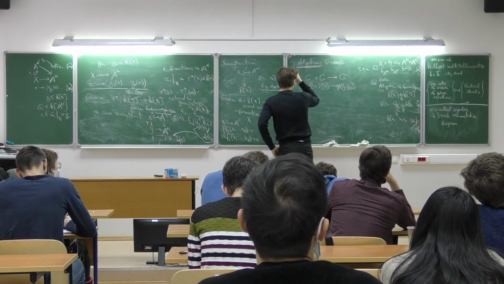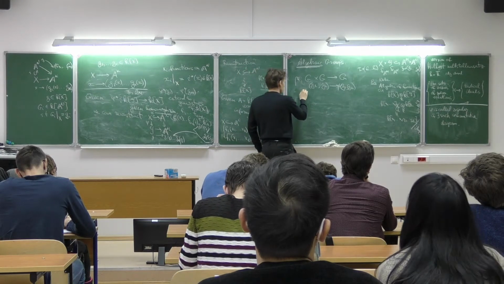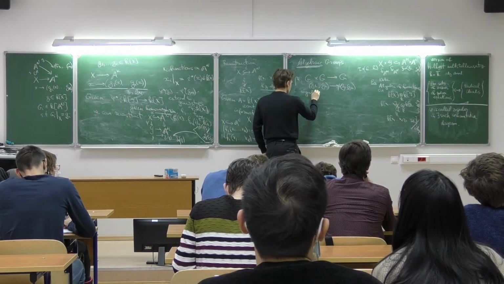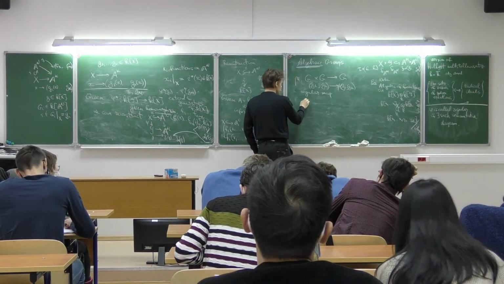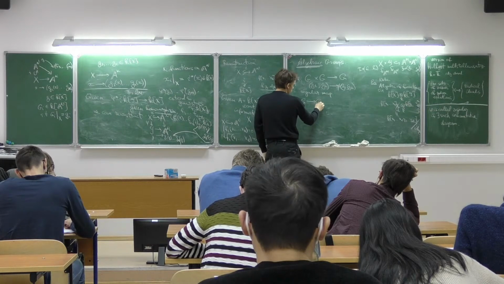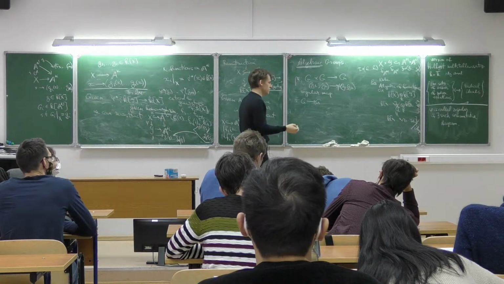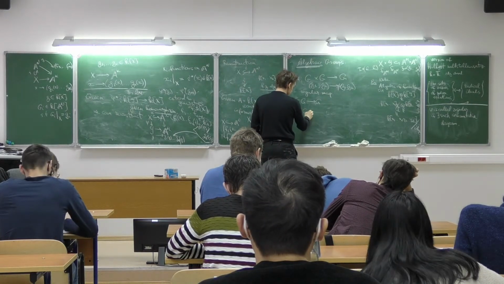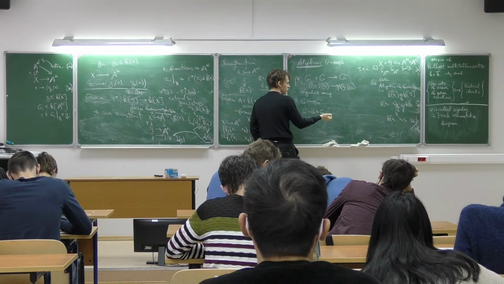So the product should be a regular map. Also you have the inverse map, which should also be a regular map. The associativity condition is given in terms of a commutative diagram.